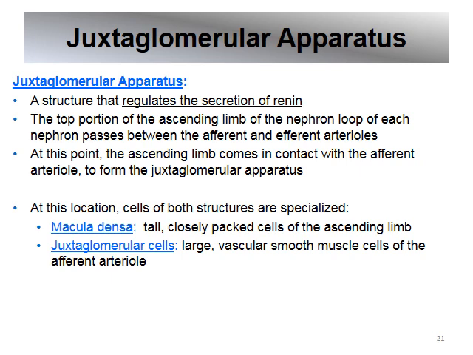Okay, so the juxtaglomerular apparatus is the structure that regulates the secretion of renin, and the simplest way to understand renin is that it's going to cause water reabsorption. Renin goes through the renin-angiotensin-aldosterone system.